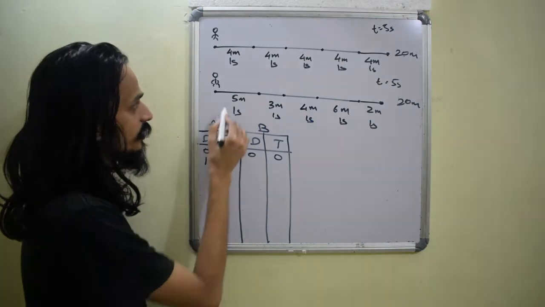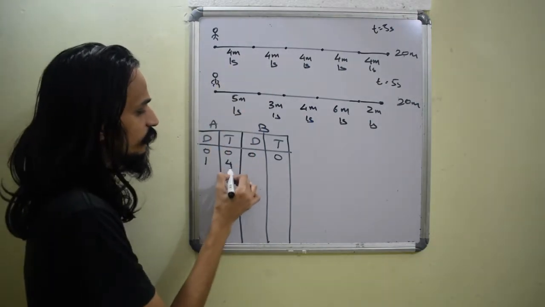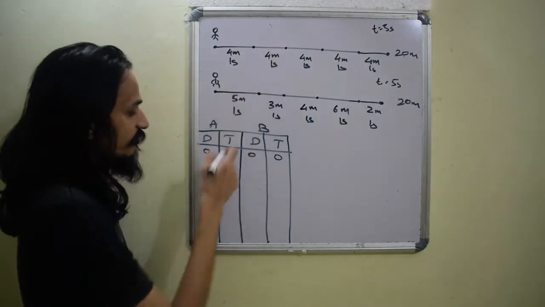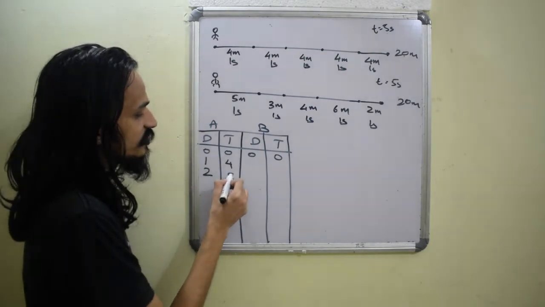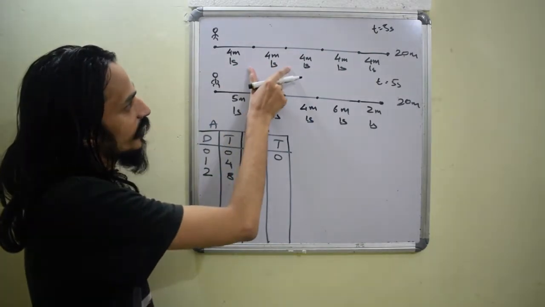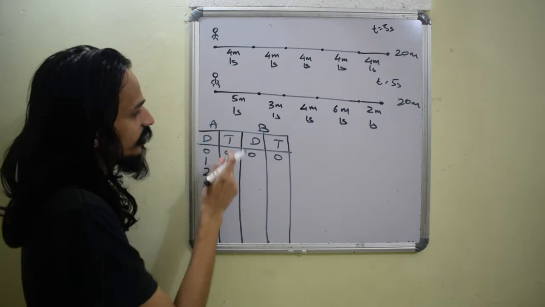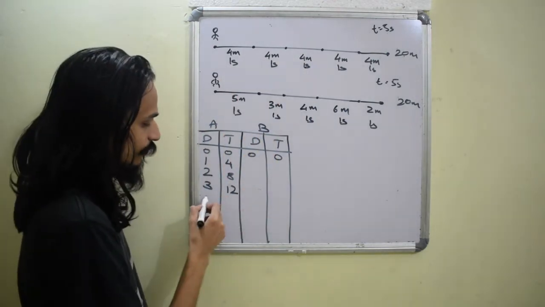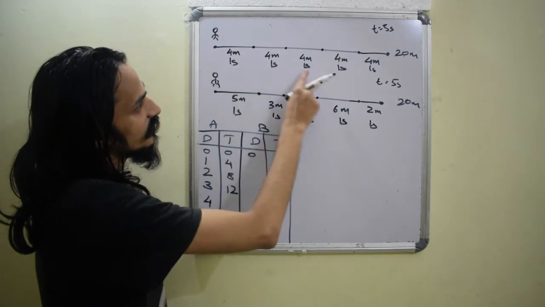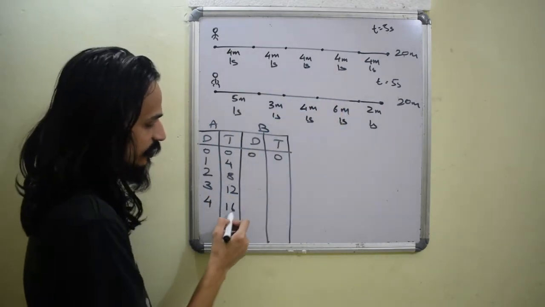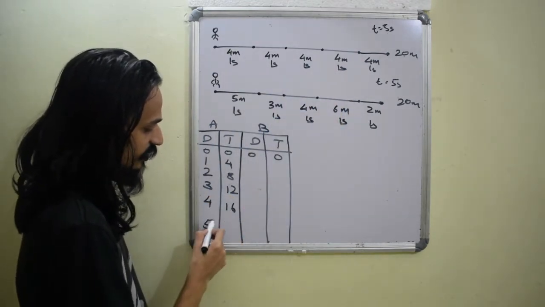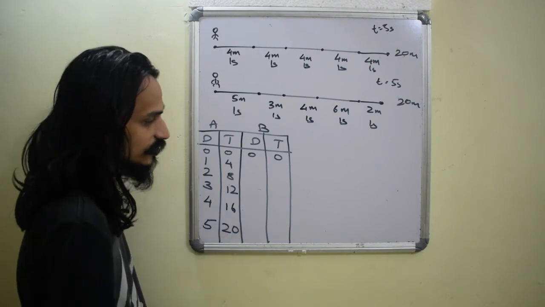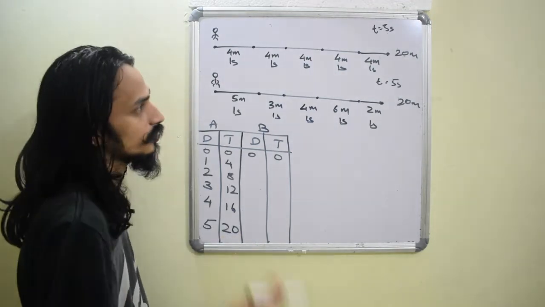At 1 second, this person has finished 4 meters. After another second, he has finished 4 plus 4, 8. At 3, 4 plus 4 plus 4, 12. Same way at 4, he has finished 16 meters, and finally when his 5 seconds are done, he is done with 20 meters total.